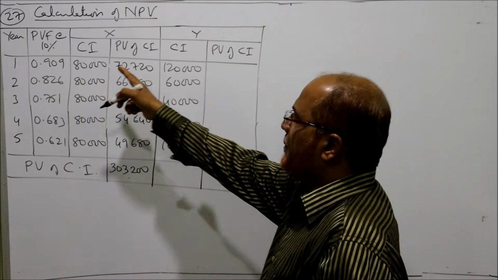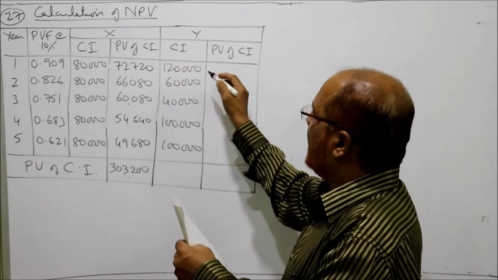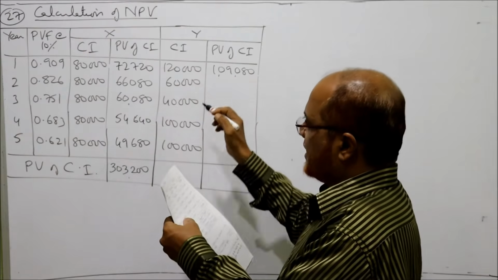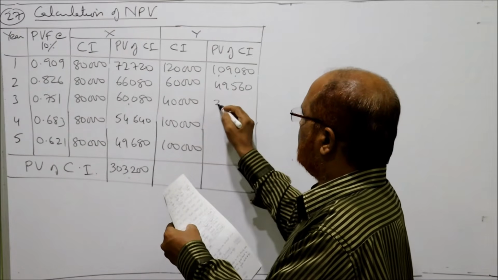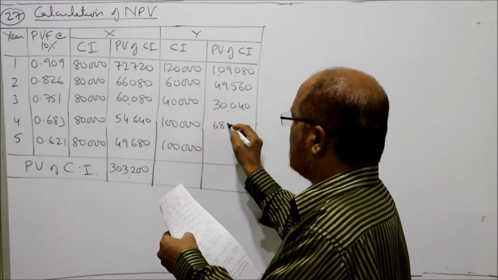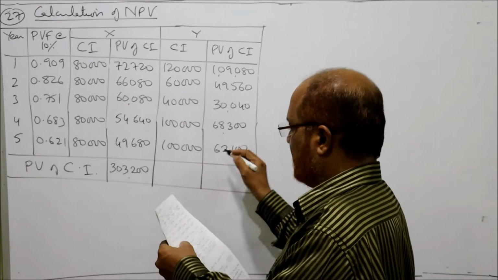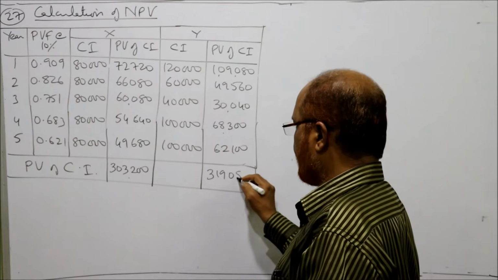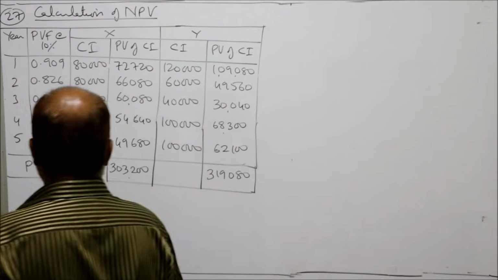Similarly here, the PV factor is multiplied with cash inflow. We get 1,09,080. Second, 49,560, 30,040, 68,300, last one 62,100. Total is 3,19,080.